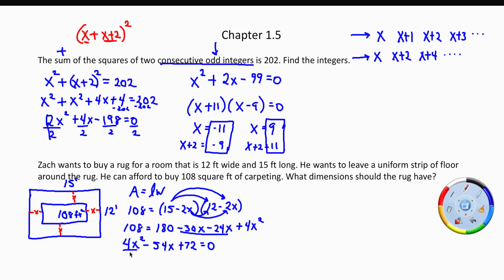Again, I notice that they're all even numbers. Now, they're not divisible by 4 because 54 is not divisible by 4, but I can at least divide that 2 out to make my number smaller, giving me 2x squared minus 27x plus 36 equals 0.